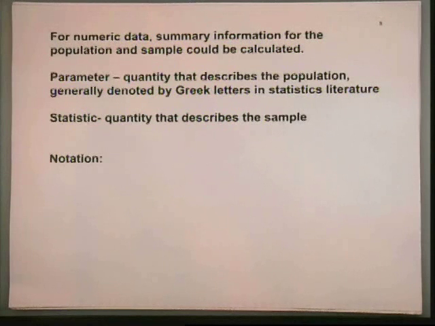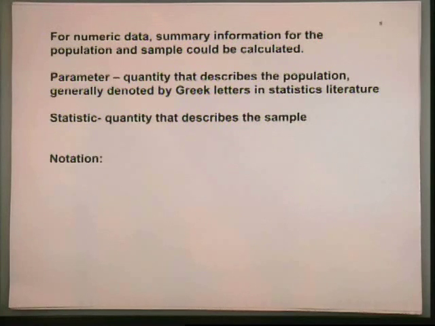So statistics we compute on the sample, parameters are computed for the population. Our challenge is that oftentimes our populations are infinite or near infinite, so it's not possible to measure the entire population. We want to select a sample and, based on sample statistics, draw an inference or make an estimation about what's going on in the population.